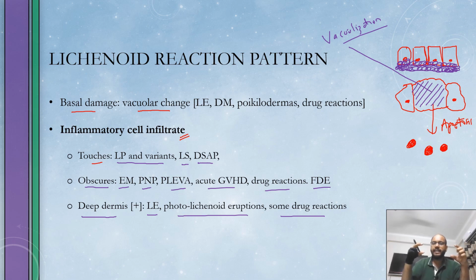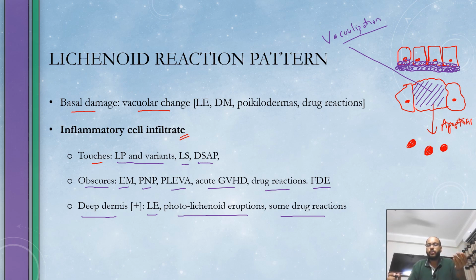So remember that in lichenoid reaction pattern, there is accumulation of infiltrate at the level of the epidermis and dermis junction. It may touch the junction or it may obscure the junction. If it touches, it's the true lichenoid reaction pattern. If it obscures, then we call it interface dermatitis.